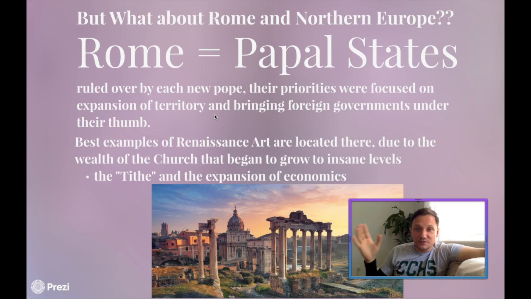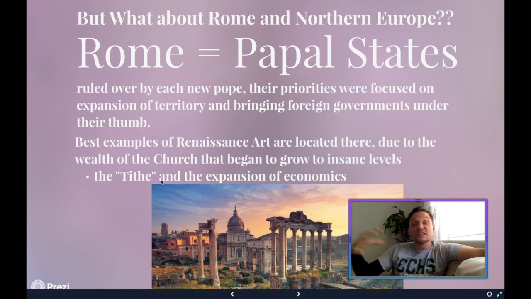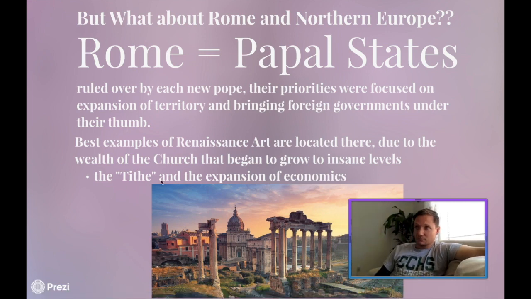Now, many of the best examples of Renaissance art are actually located in Rome due to the wealth that the church began to grow to insane levels, okay? Again, the tithe, the expansion of those economics. As the economics expanded, the tithe expanded, and some of the best examples are still there. For example, the Sistine Chapel ceiling is in Rome.